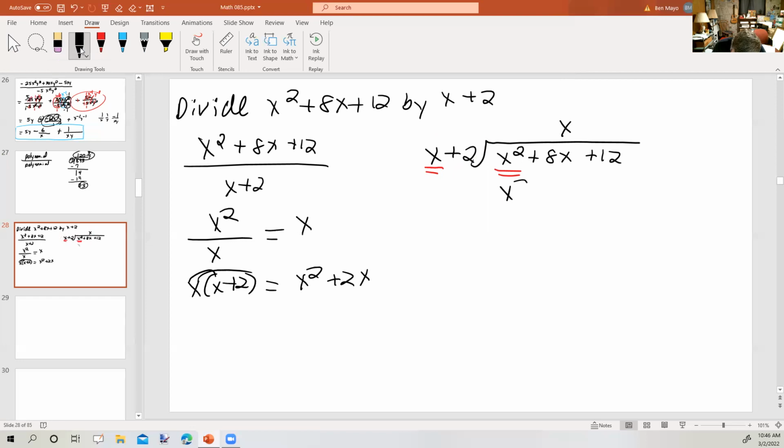We write that over here. Then we draw a line and we subtract, but be careful. We're subtracting that entire quantity, not just the first term, okay? So we're subtracting the quantity.